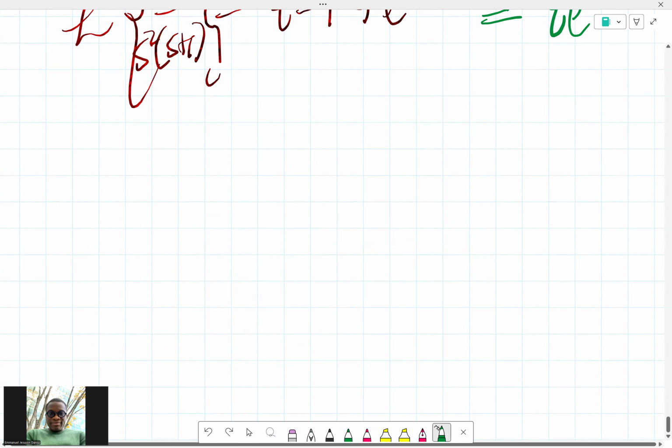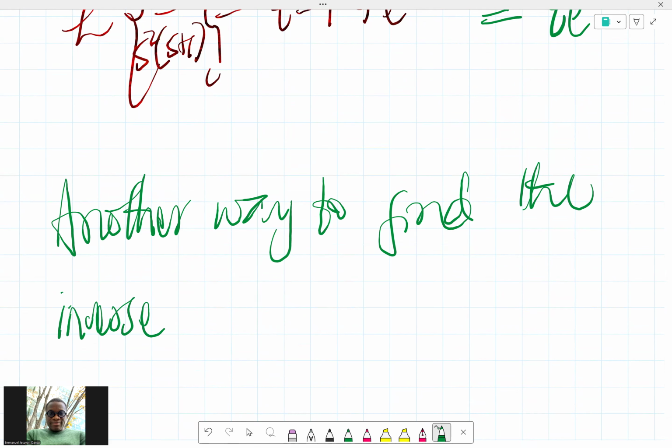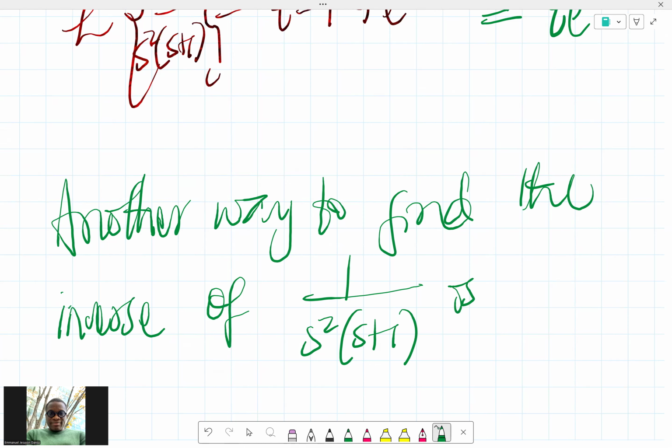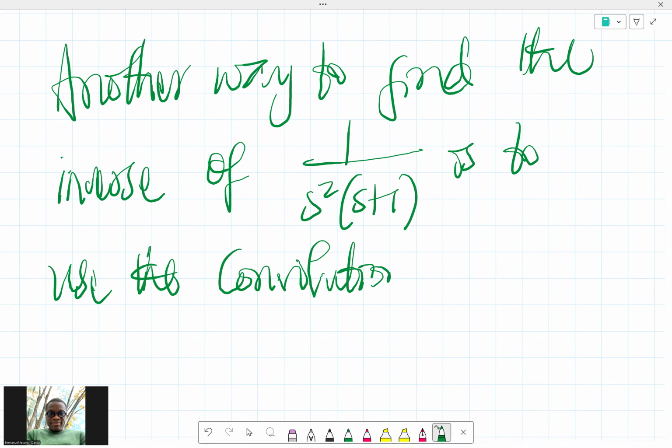So another way to find the inverse of 1 over s squared into s plus 1 is to use the convolution theorem for inverse Laplace.